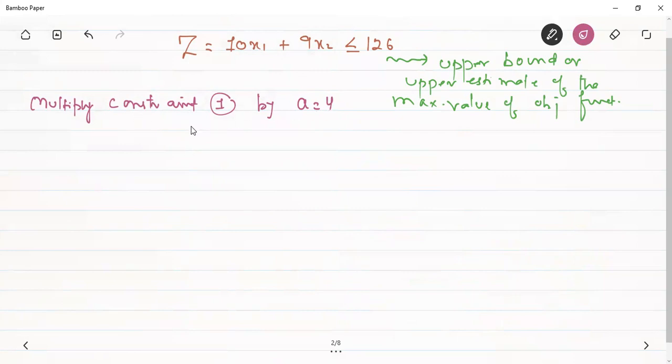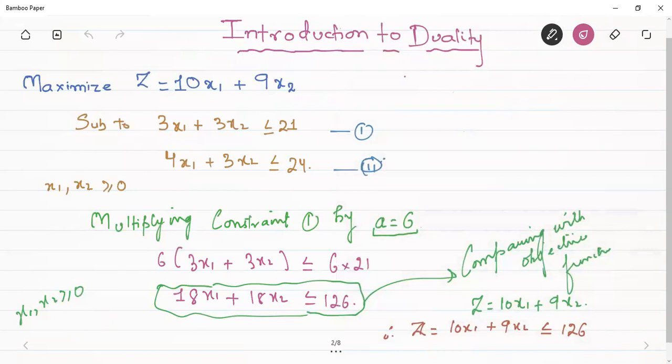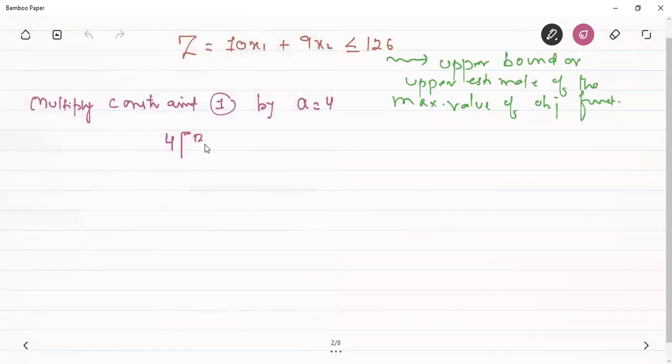So after multiplying this first constraint by 4, we are going to get 4 into (3x1 + 3x2) less or equal to 4 into 21.